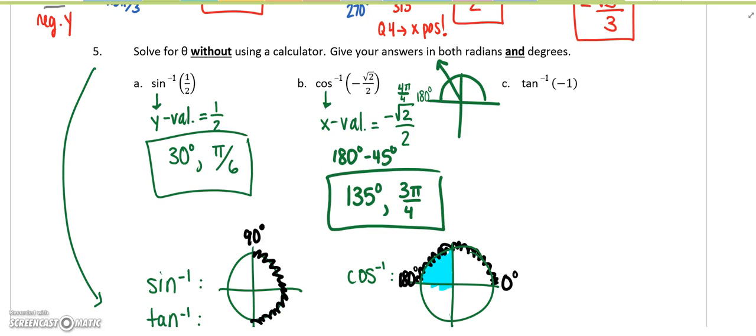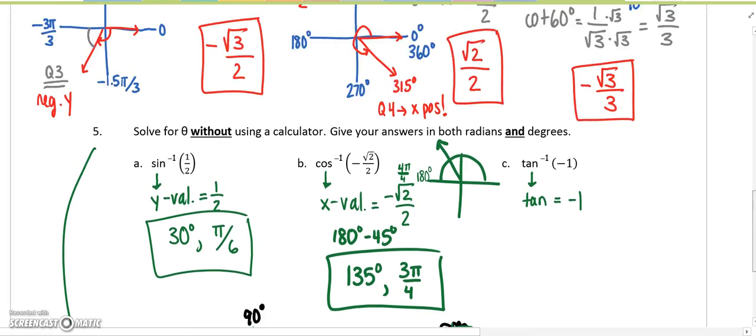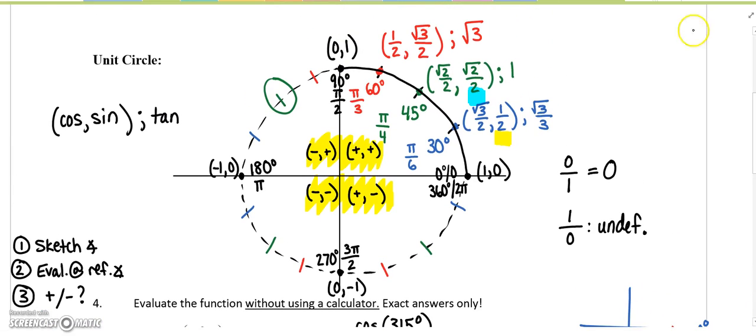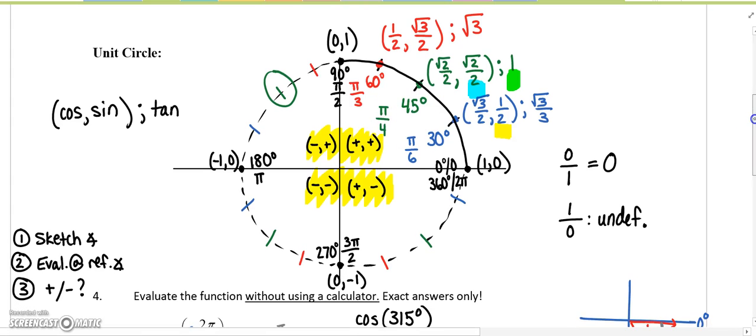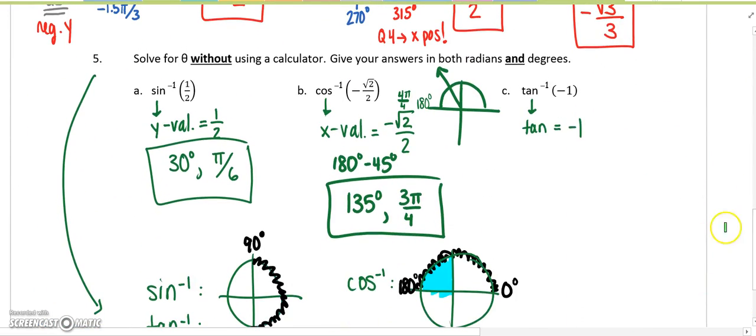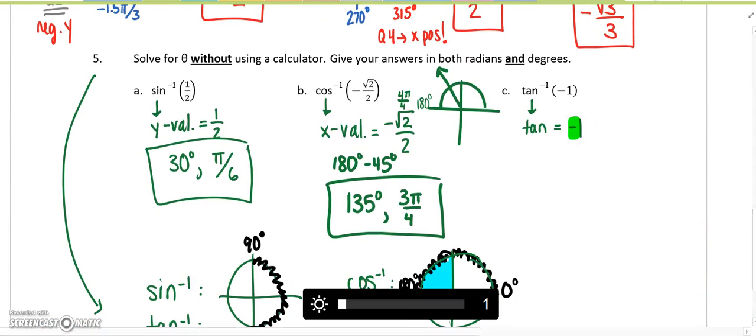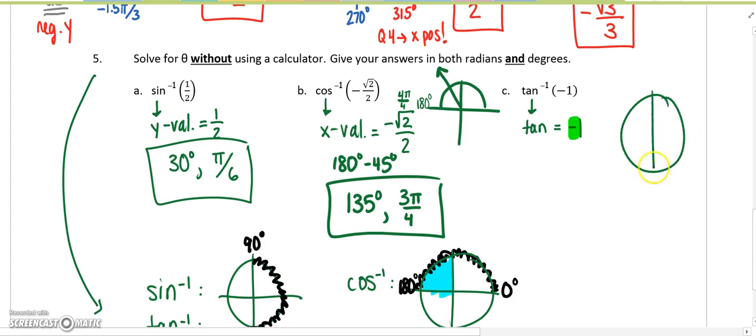Alright, last one. Inverse tangent of negative 1. So that means I need a tangent that is negative 1. Well, once again, I see a tangent of regular 1 right here, and that's awesome. That's 45 degrees as well. But that's not negative 1. So that means for tangent, if it's negative, we're going to be going into quadrant 4.